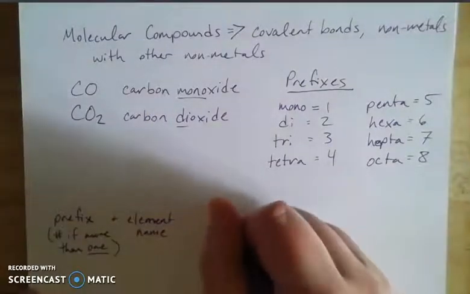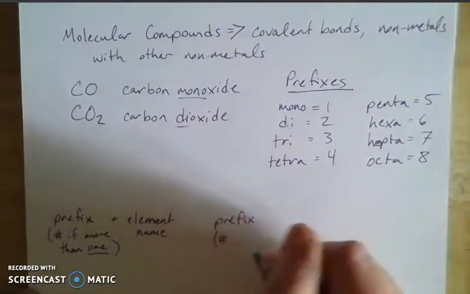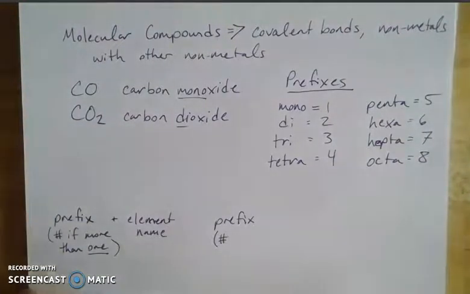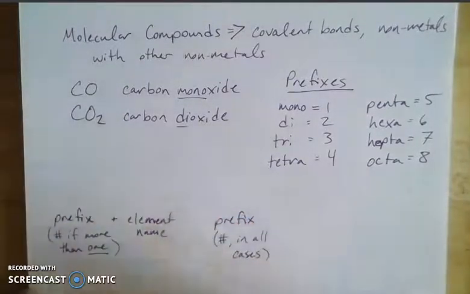Then you're going to have the prefix that again tells you the number, and that's even if it's 1, so in all cases. Like our carbon monoxide, even though there's only one oxygen, I'm still specifically saying monoxide. Again, there are exceptions to that too.